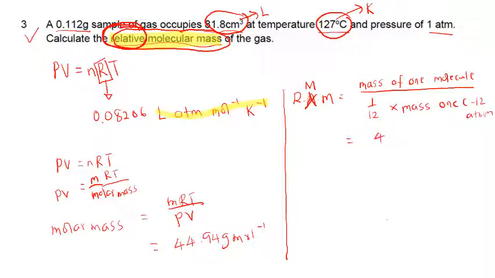So we put 44.94 over 1 over 12 times 12 AMU. AMU and AMU cancel out, and 1 over 12 multiplied by 12 equals 1. So in the end, the relative molecular mass is 44.94.